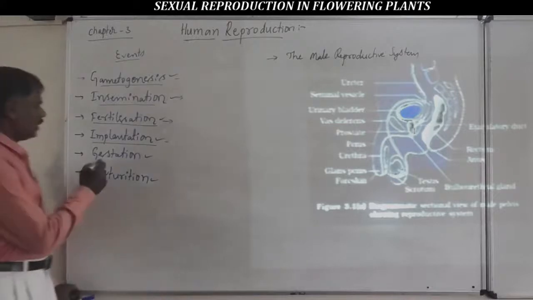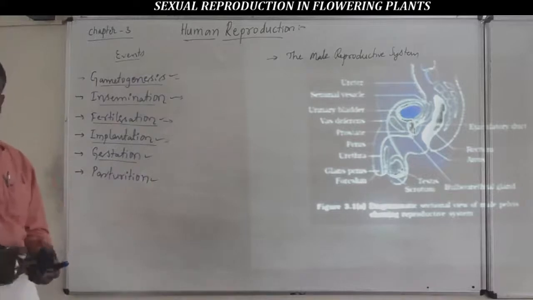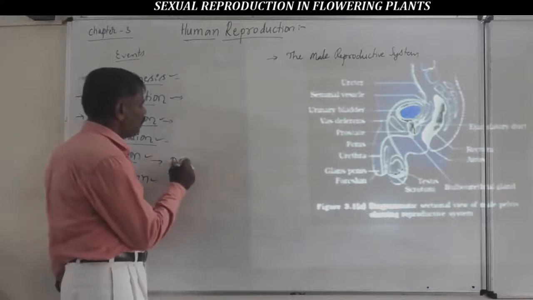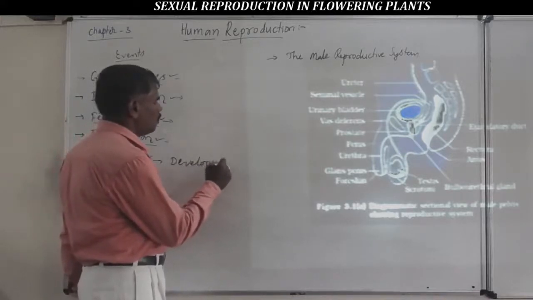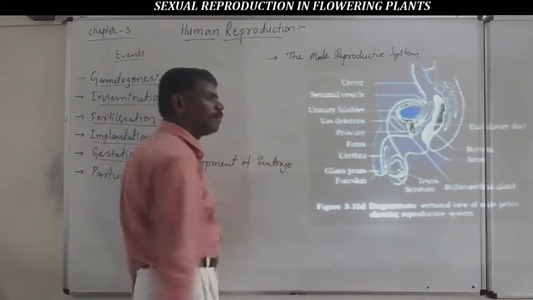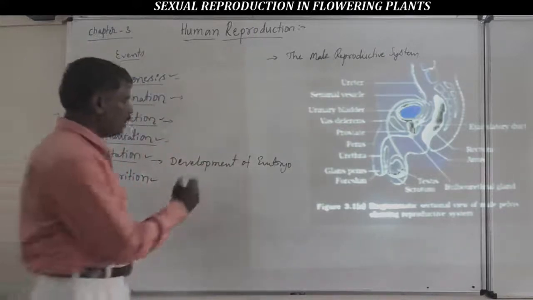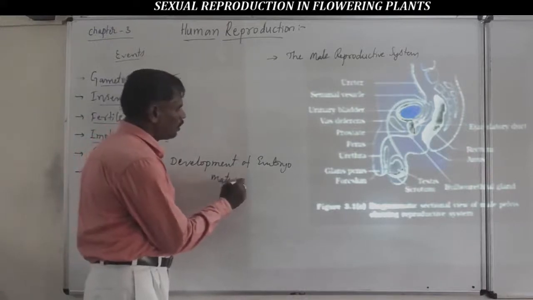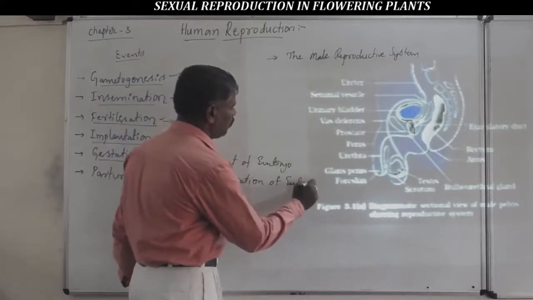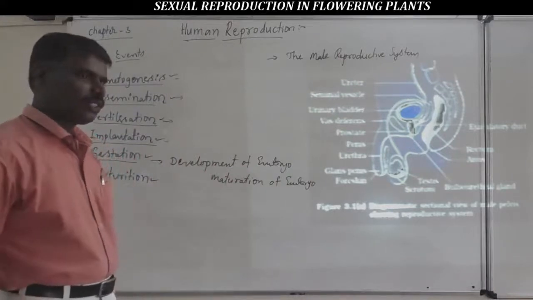The next event of human reproduction is gestation. Gestation is nothing but the development, or maturation, of the embryo in the womb of the mother, in the uterus.